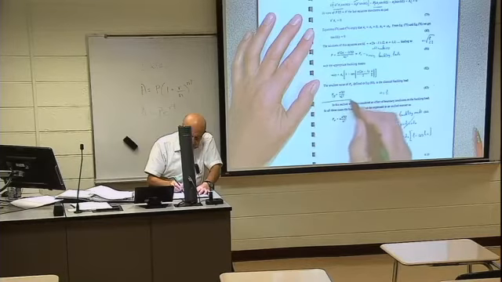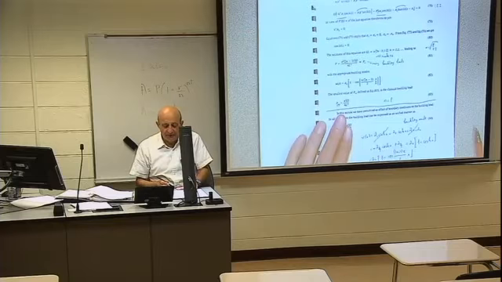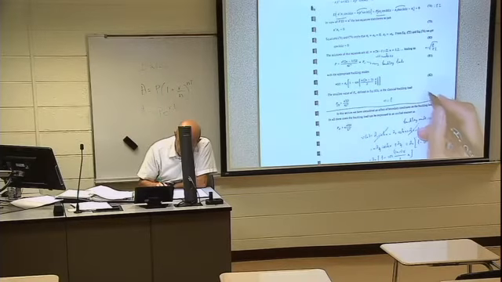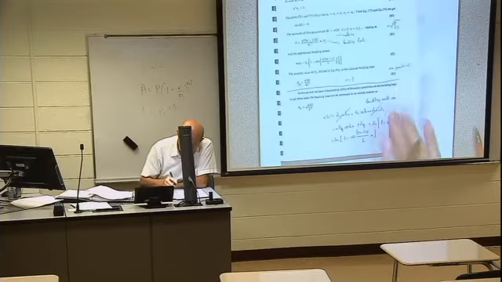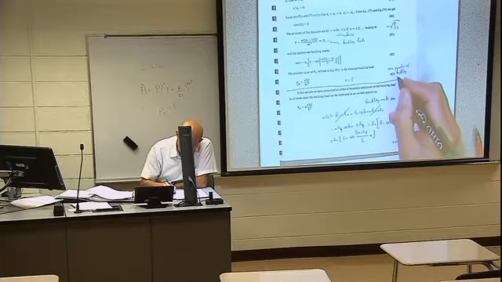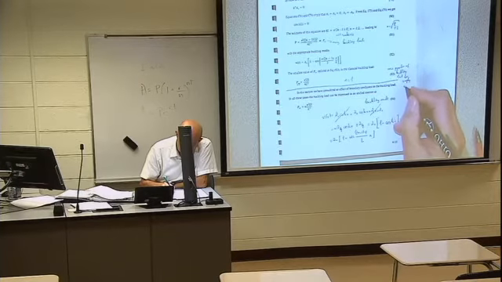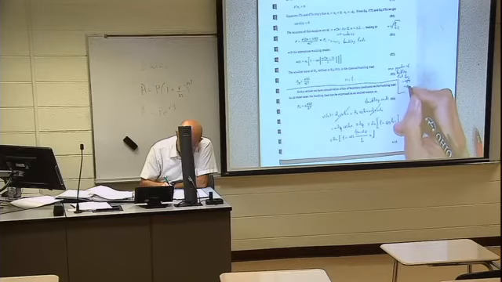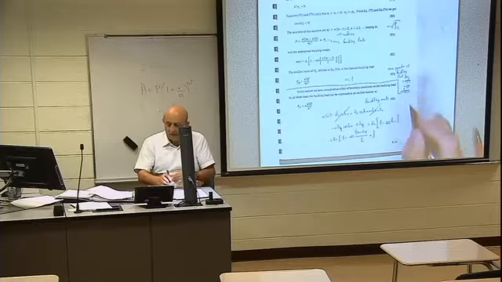So that gives us an expression for the buckling load, which is 1/4 of the buckling load for a simply supported column.